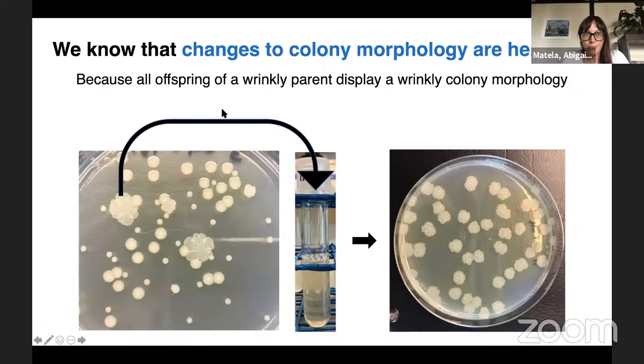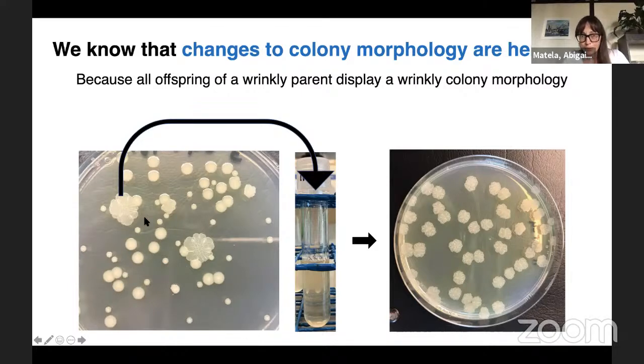All right, so we talked about before how these changes to the colony morphology are heritable. At the end of an experiment, this is just an example of what the final day might look like, where we always get a mix of different colony phenotypes, but some look like these ancestral smooth ones, and we can see that there are some differences, like these big wrinkly spreaders.